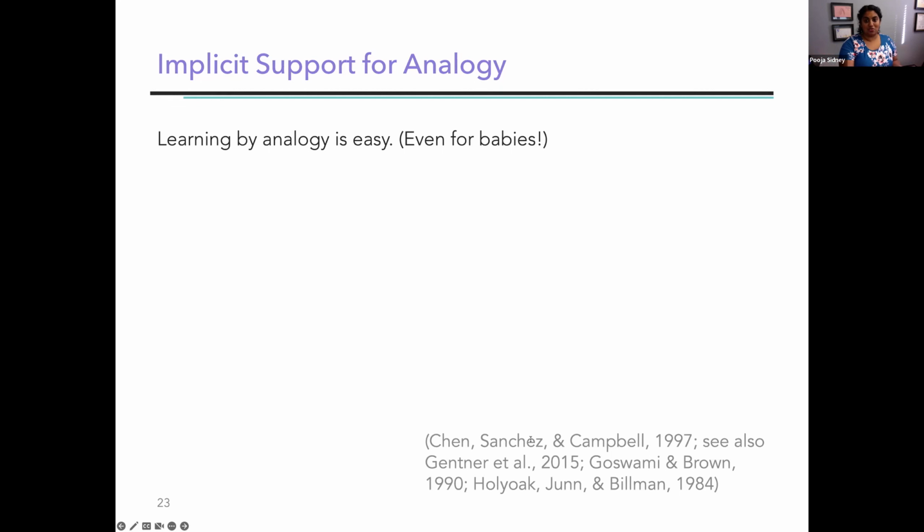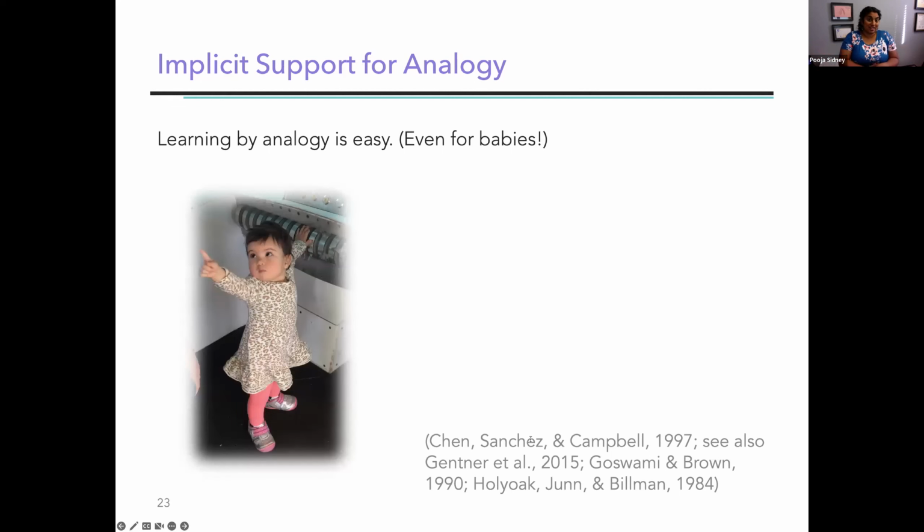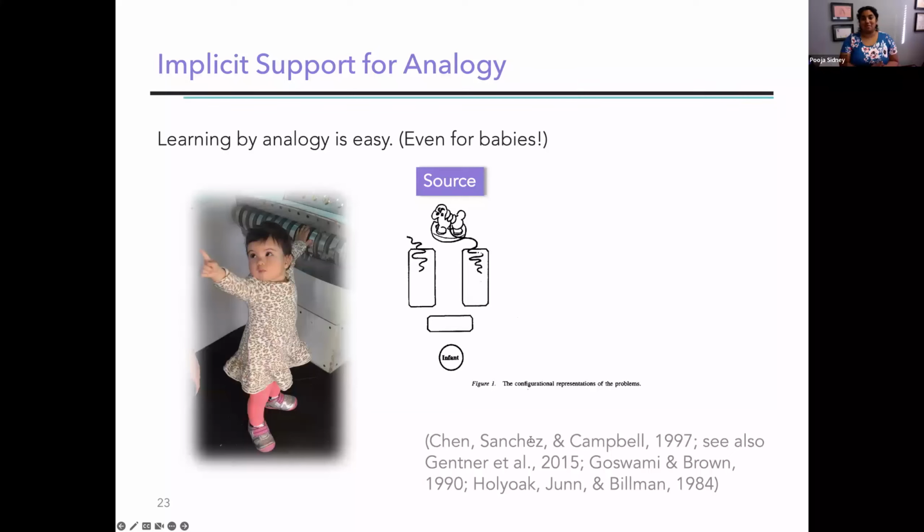So first, I'd like to consider research with young children that suggests that transfer isn't so hard won under some cases. So for example, Chen and his colleagues had parents show their babies how to solve this problem, where the infant is sitting in front of a toy, but she has to remove a barrier, and then she has to choose the right cloth that's attached to the toy and pull it toward her.